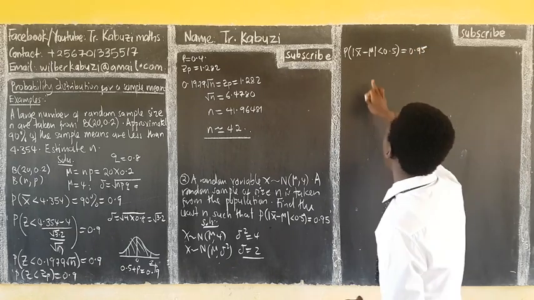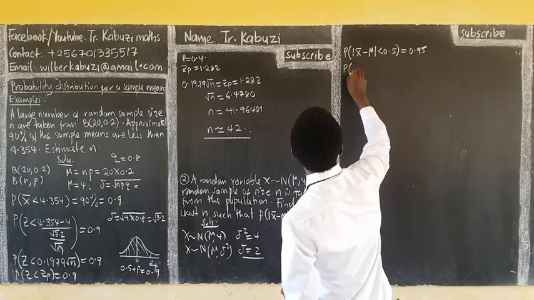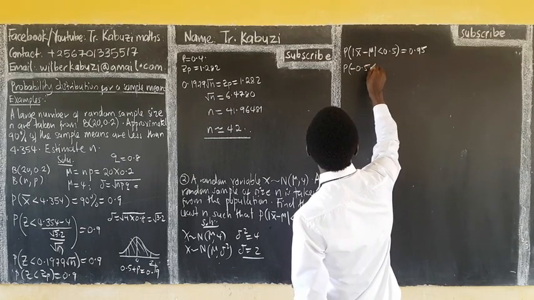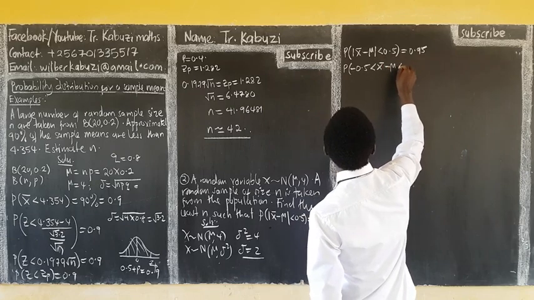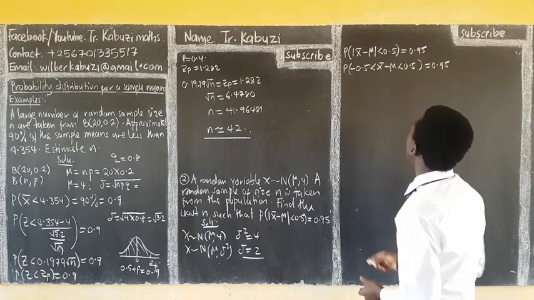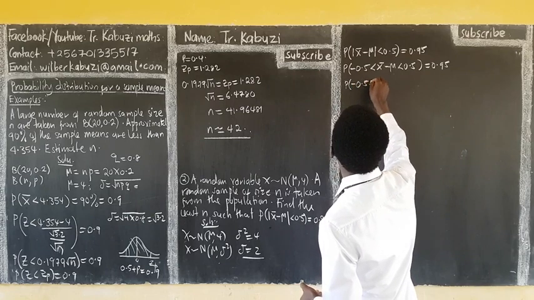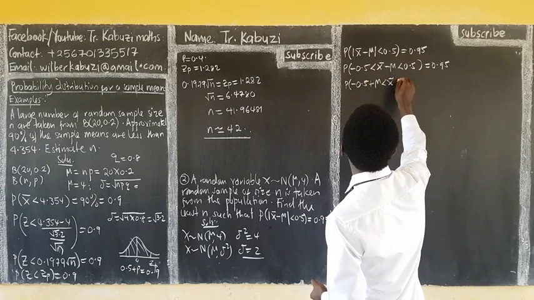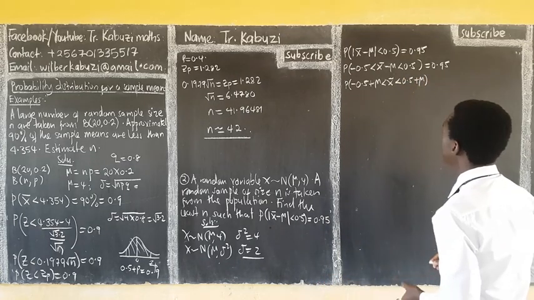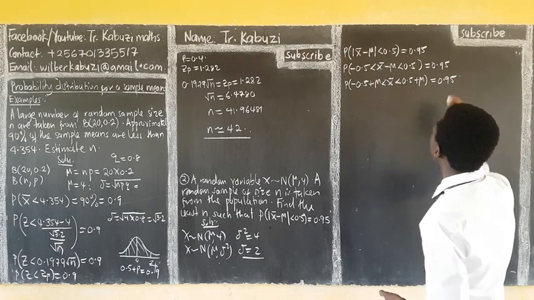We know how to expand this: it is the same as the probability of negative 0.5 less than x bar minus mu less than 0.5 equaling 0.95. Taking mu to the other side, this is the probability of negative 0.5 plus mu less than x bar less than 0.5 plus mu, equaling 0.95.